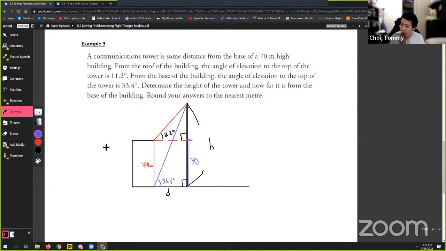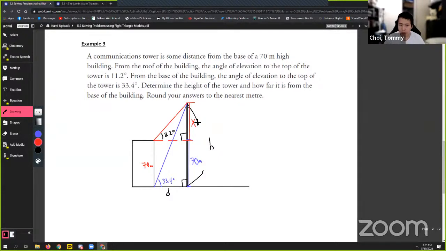Because at least up to the height of the building, it'll be 70 meters. So instead, I'll call this top part, from this portion to this portion of the tower, X. We don't know what X is, right? So we're trying to fit in some kind of information that we need to figure out, right?